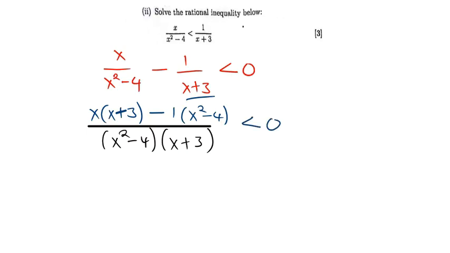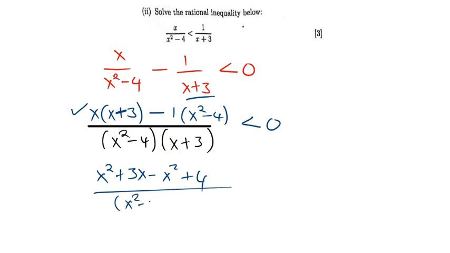And if you try to expand there, we're going to have x squared plus 3x minus x squared plus 4. That's just on the numerator, and then divided by x squared minus 4, and then we have x plus 3.